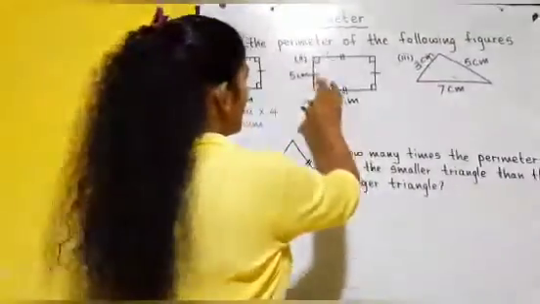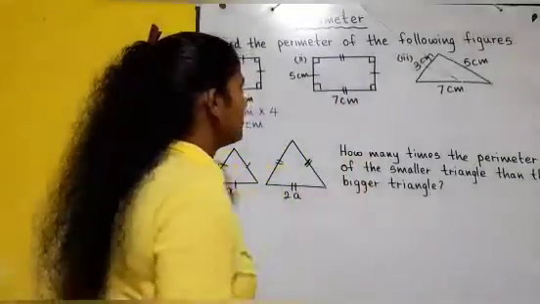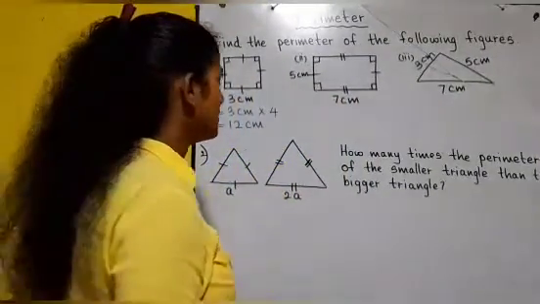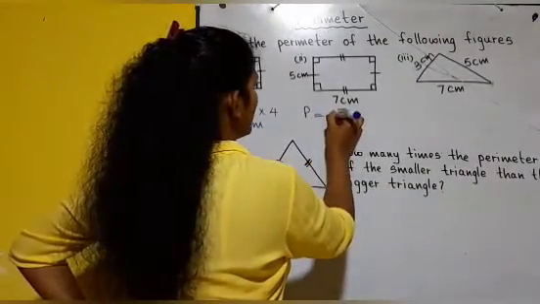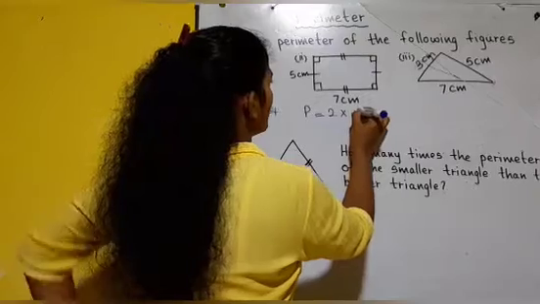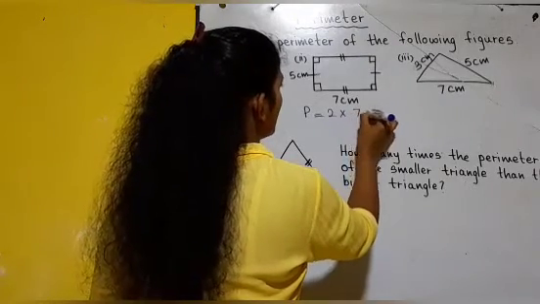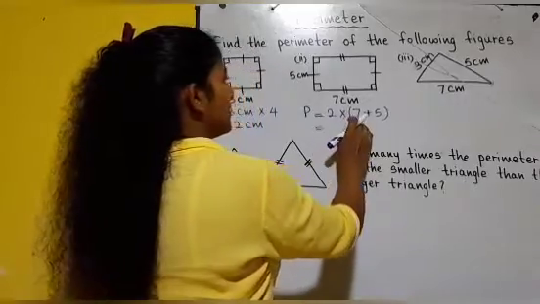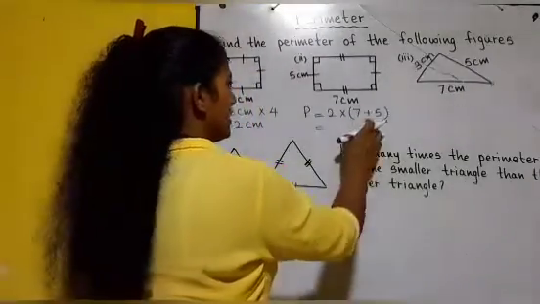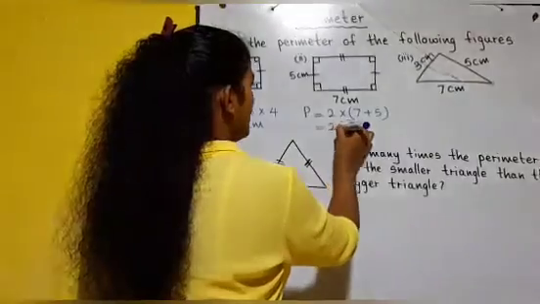Then the second figure, the length is 7 centimeter, breadth is 5 centimeter. So we can find the perimeter by multiplying the addition of length and breadth by 2. 7 plus 5 is 12. 12 into 2 is 24.